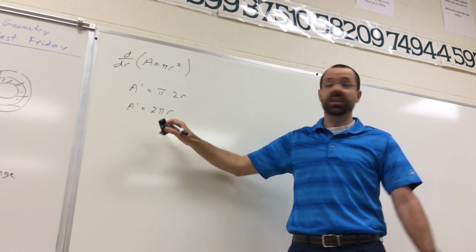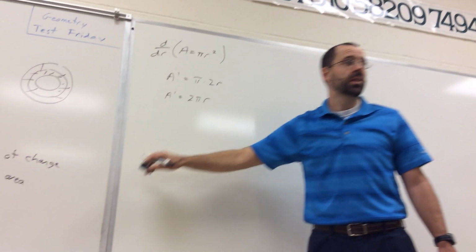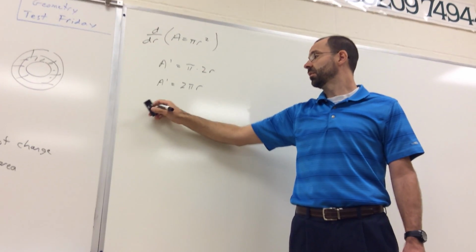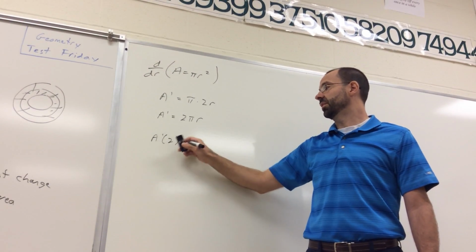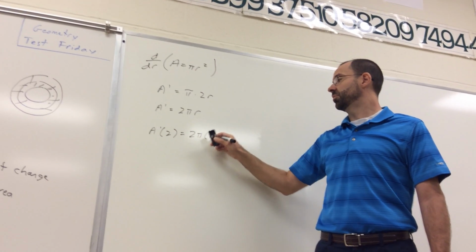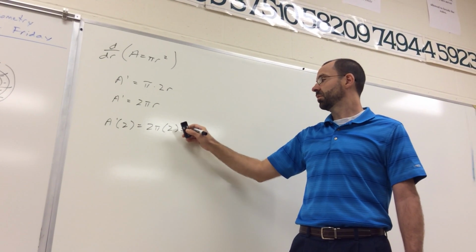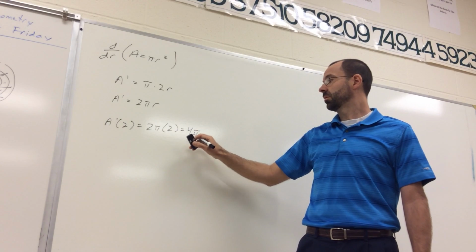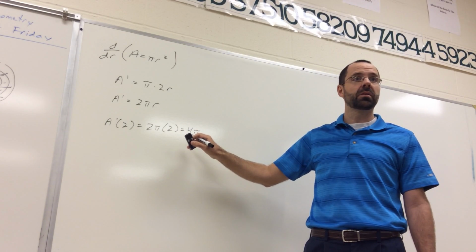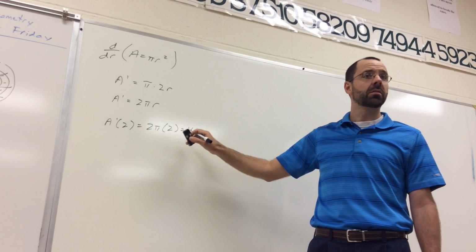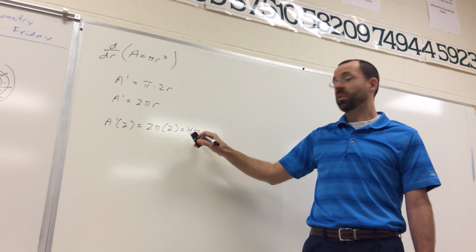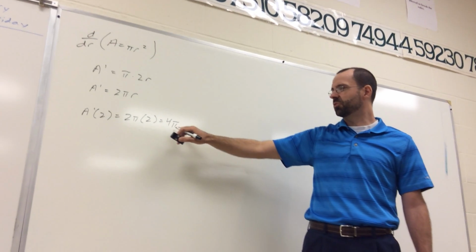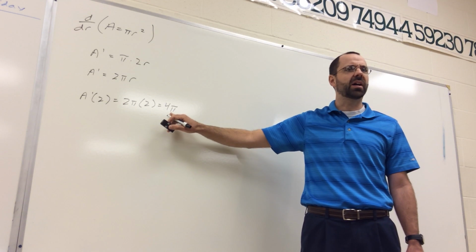Then if you want to know the instantaneous rate when r is 2, you just plug a 2 into that. So the area prime evaluated at 2 is 2 pi times 2, so that's 4 pi. Okay, this is a little bit of a tricky question, but what would the label on 4 pi be?